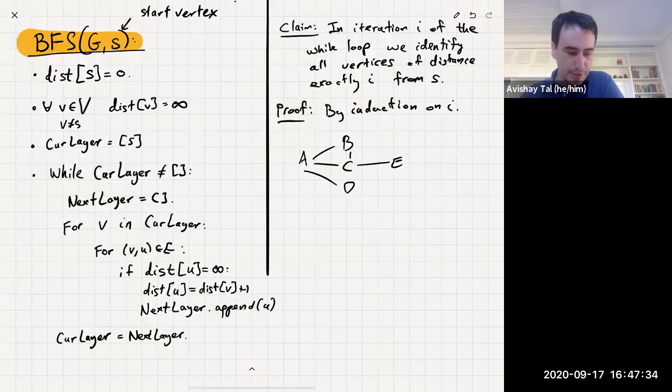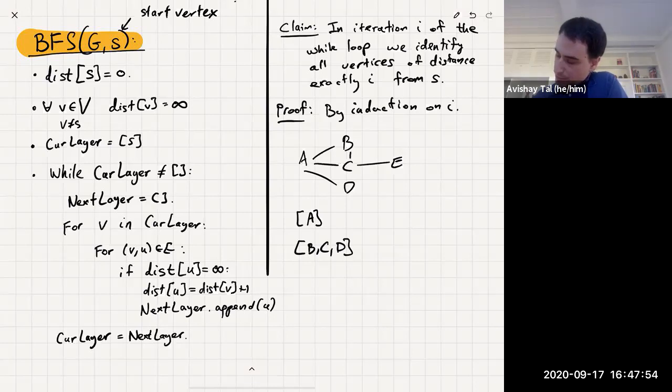In the first iteration, the current layer would be A. Then we would process A, and we would add all the neighbors of A to the list. So then this would be our list. Then we would process B, which doesn't have any new neighbors. C has E, and D has no new neighbors. So then the next layer would be E.